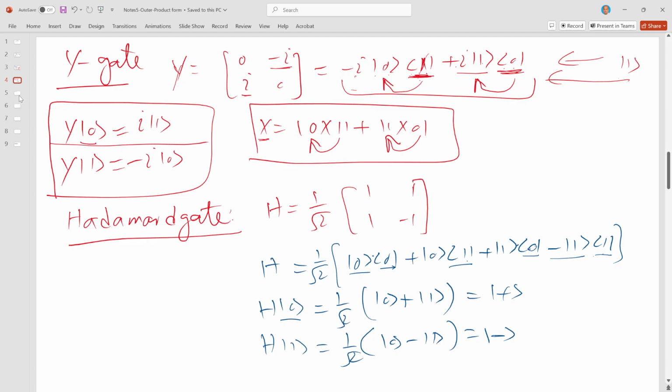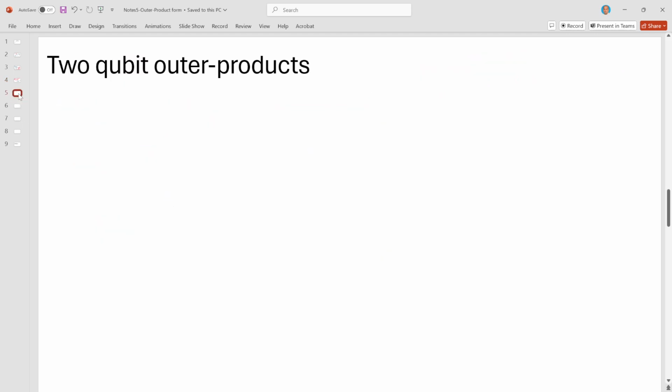Let's now go to multi-qubit gates. So for 2 qubits, we have 4 by 4 matrices. If I write a general matrix, it should be U11, U12, U13, U14, U21, and so on. So there are 16 terms, and we have to find the outer product representation for each one of them.